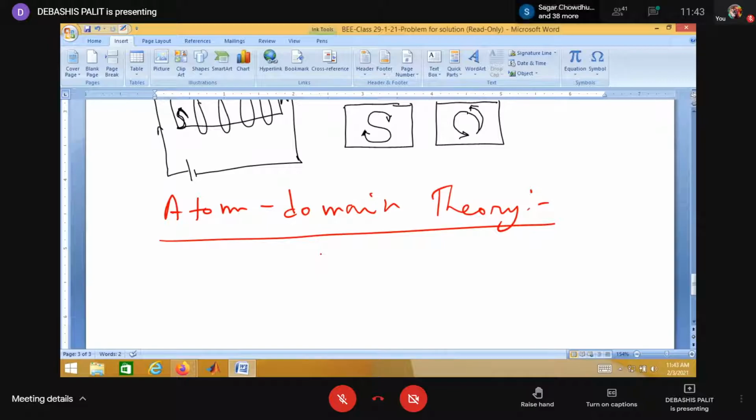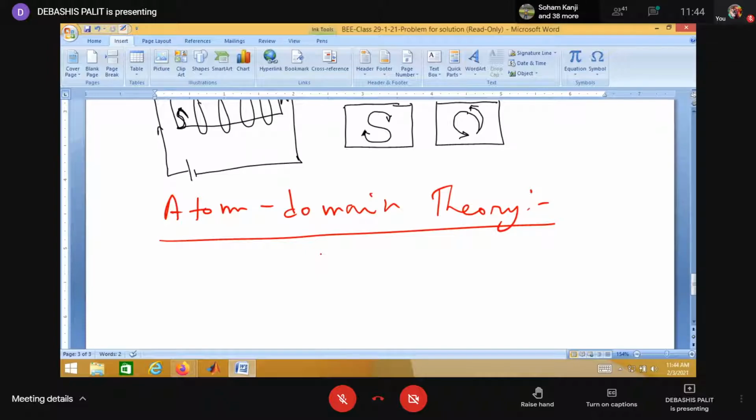So wood is a material having balanced electron spin. There is no unbalanced positive or negative spin, so it cannot become a magnet. In their case the positive and negative electron spins are equal and they cancel each other. This is the atomic domain theory that can explain why wood cannot be a magnet.